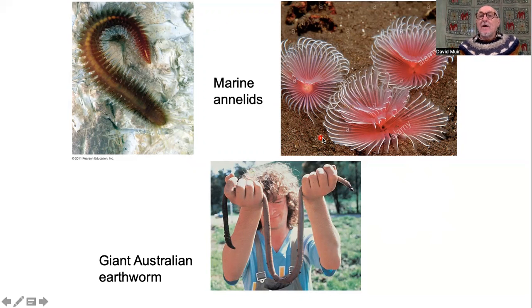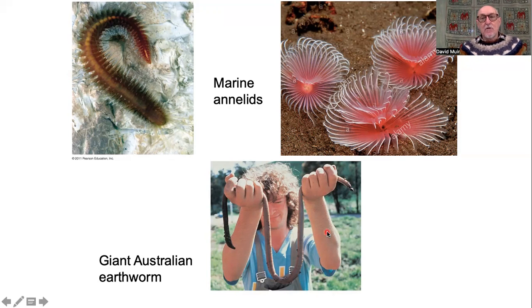These here are called fan worms, and they are sessile. They are embedded in the sediment, and their heads extend out and have these crowns on them, which are used for oxygenation, but also for feeding. They are filter feeders. They pull water current through these and filter out food particles.